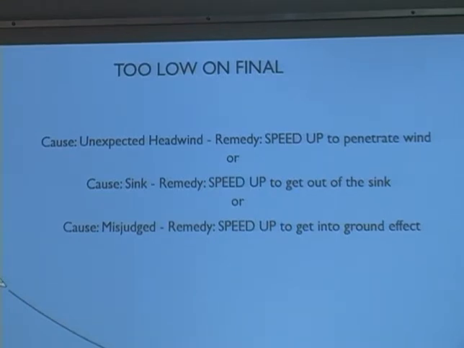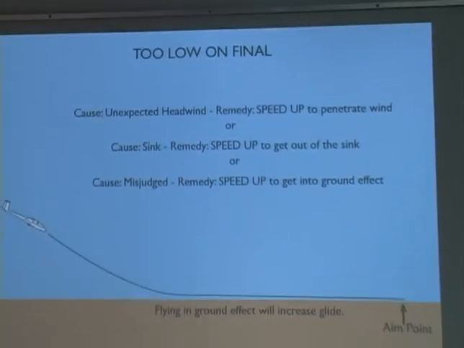So that'll help you get out of that strong wind. If you hit some strong sink, then obviously you want to get out of that sink, so you need to speed up. If you just misjudged and you came in too low, so there's not any particular bad headwind or bad sink, it's just you're in the wrong spot, well, speed up still.